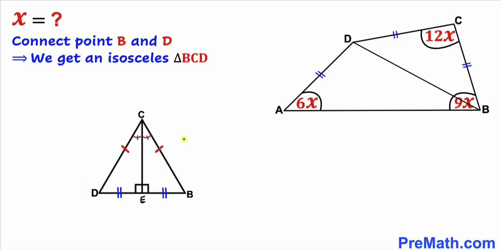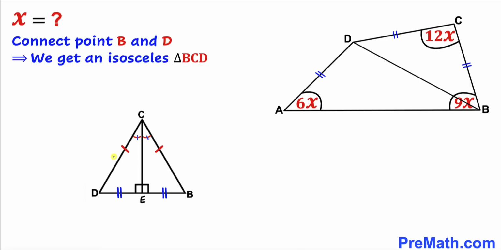Now let me go over a basic concept about an isosceles triangle pretty quick. Here we have BCD as our isosceles triangle, since these two side lengths are equal. If we draw this perpendicular CE onto this line BD, then this perpendicular CE is not only the angle bisector, but also going to bisect this BD into two equal parts, DE and EB.